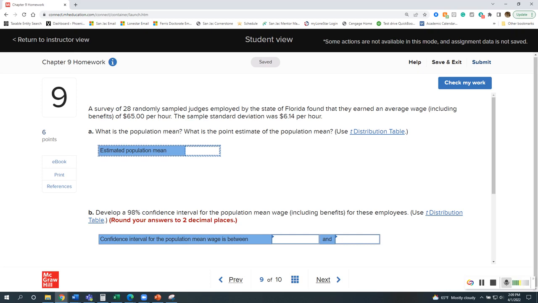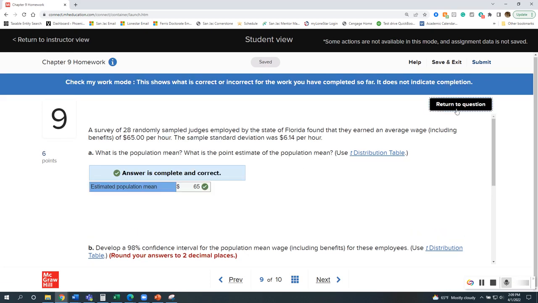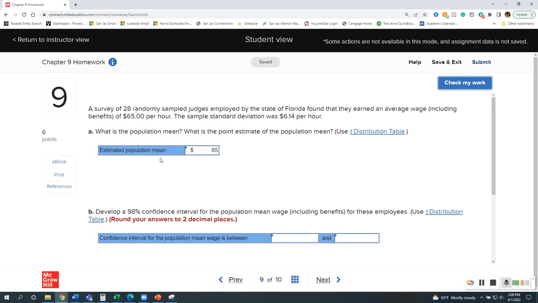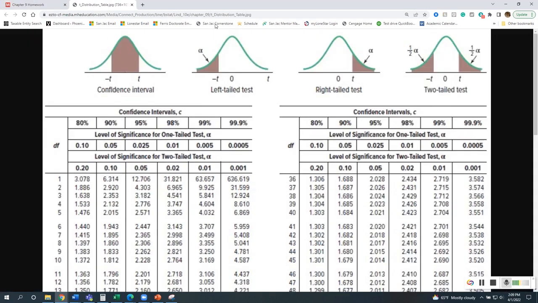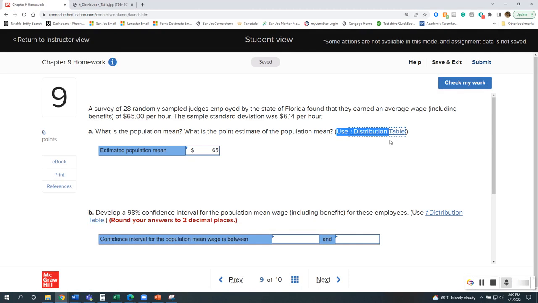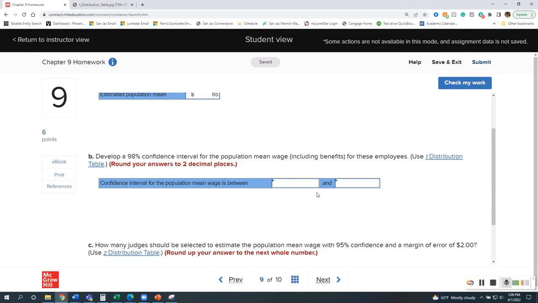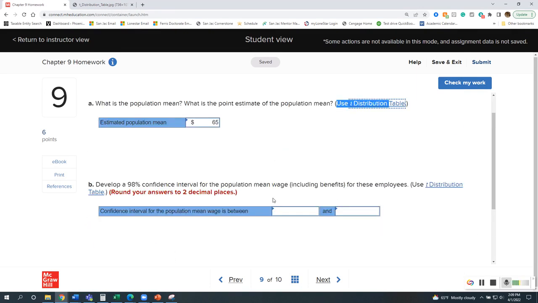Should be $65. Yeah, I don't know why I'm thrown off for some reason. There we go. Yeah, it's $65 again. When it's an estimated population mean, it uses the same mean as the sample. I think it was like, wait a second, t-distributions. There they are again. Why are we using... just throwing in there to throw a loop, and it kind of just made my brain just pause right there.